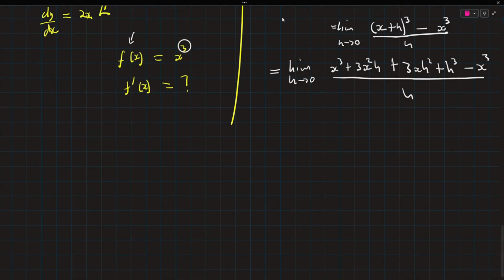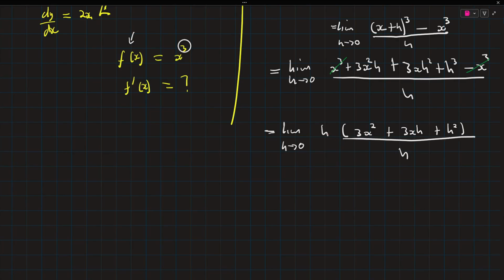So as the limit h approaches 0, we are going to realize that this x cubed and this x cubed will cancel, right? And if I factor out h on top, I'm going to have h, and then we'll be left with 3x squared plus 3xh plus h squared, over h.